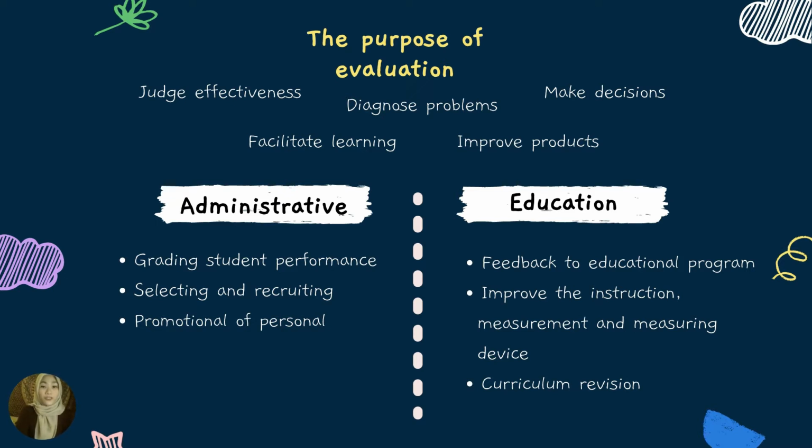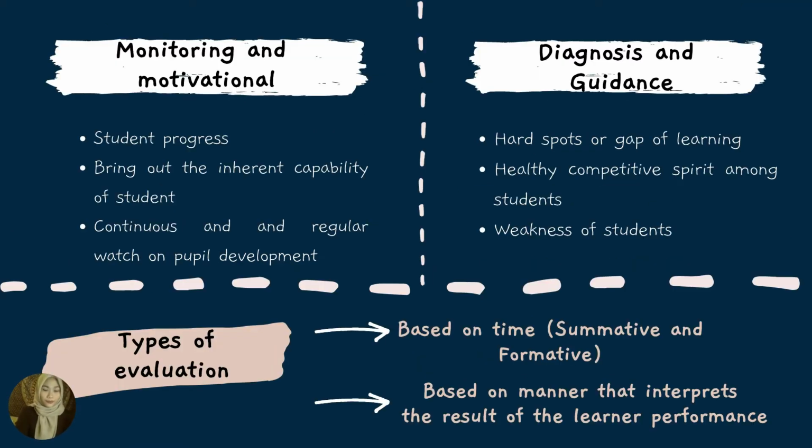And for education, the feedback evaluation for education. Evaluation is a feedback to educational program, and also it improves the instruction, measurement, and measuring device, and also it can be used for curriculum revision. Okay. And for monitoring and motivational, it monitors and motivates students' progress, and also it brings out the inherent capability of students.